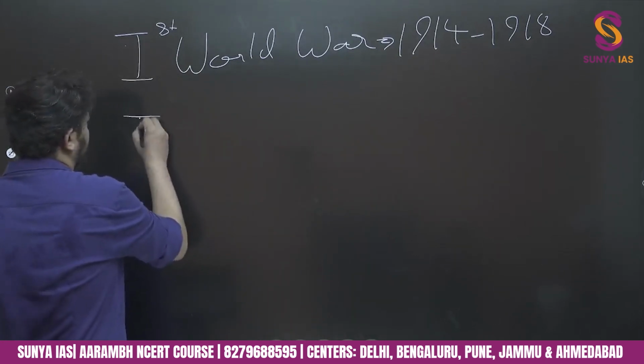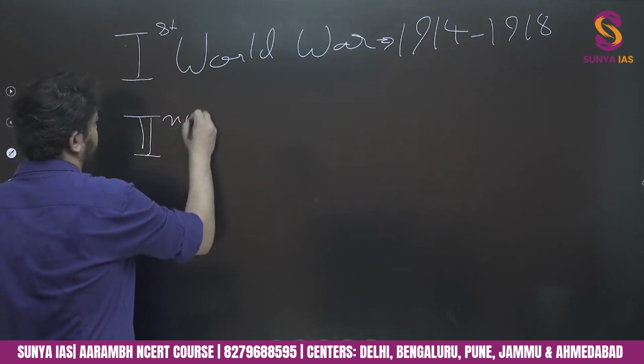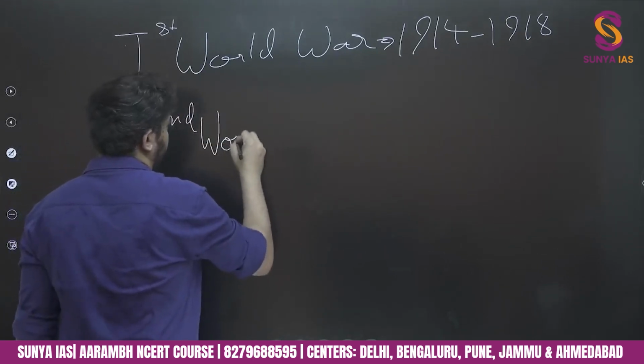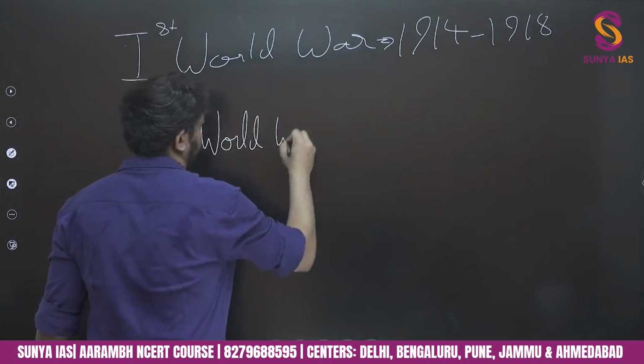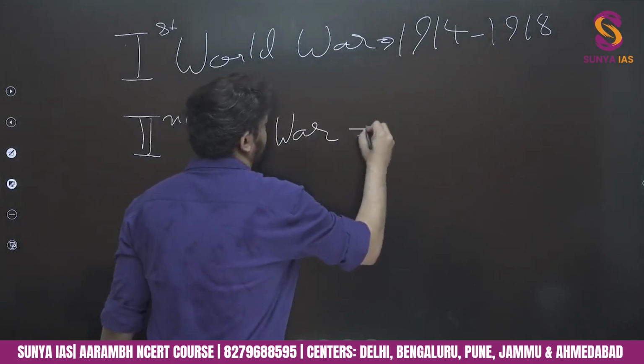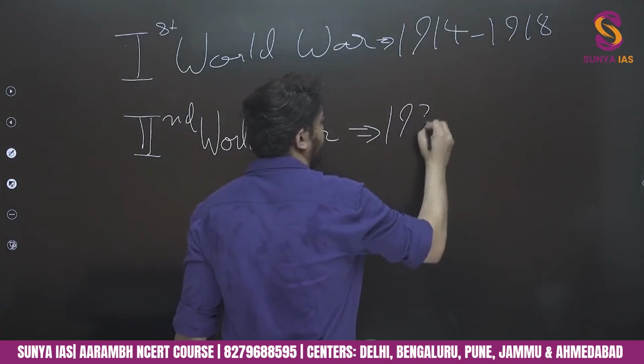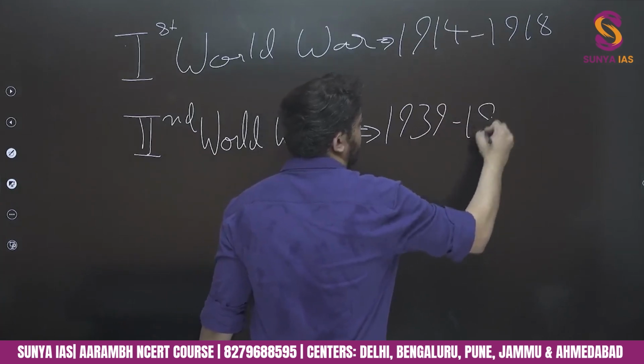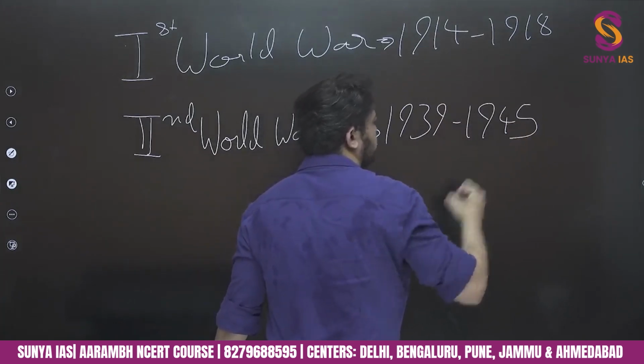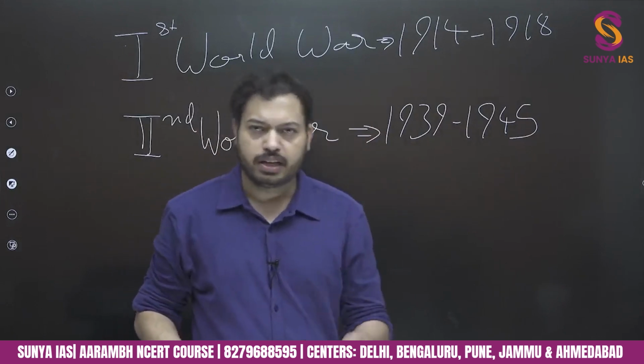The Second World War happened between 1939 and 1945. It was fought again.